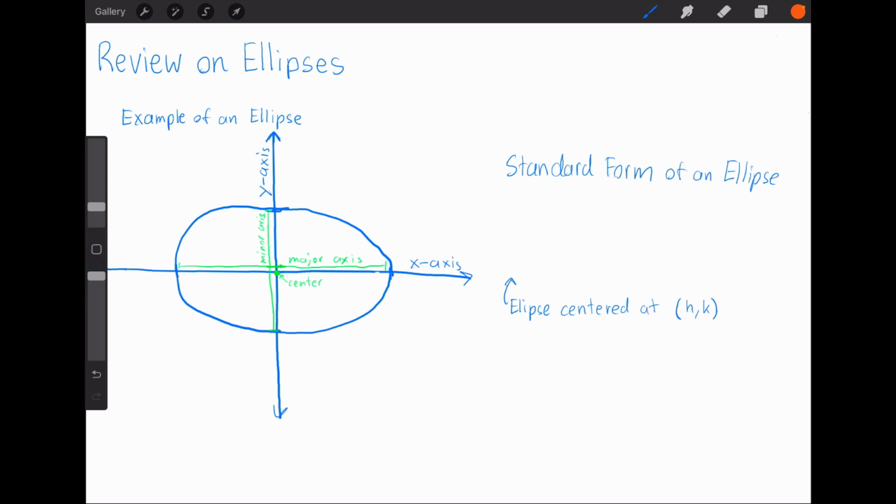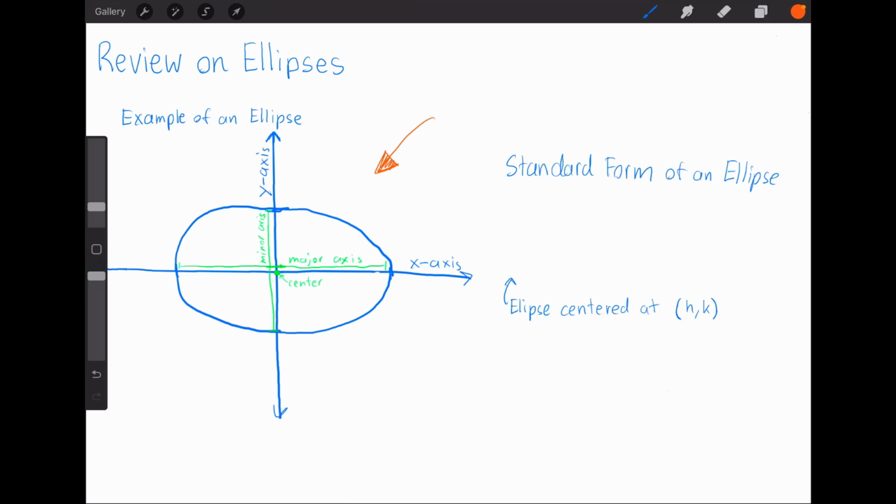Ellipses will always have two lines of symmetry, one vertical and one horizontal. Ellipses also have a minor axis, a major axis, and a center, as shown in this example here.